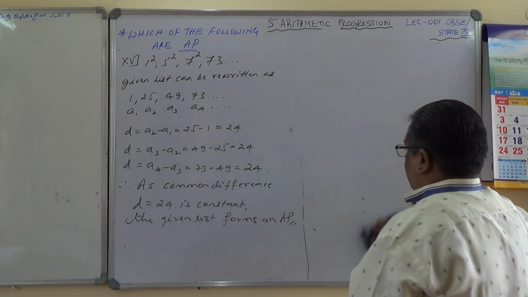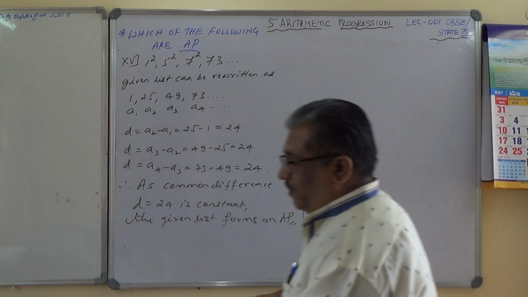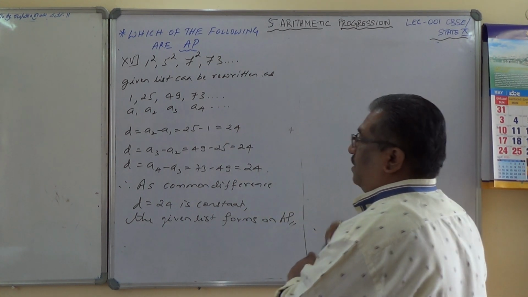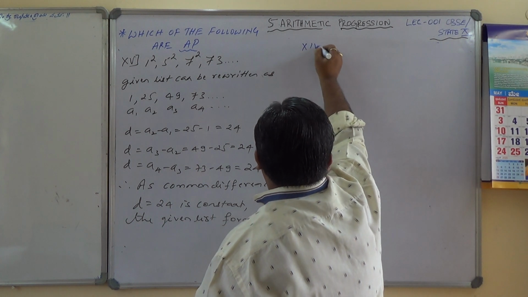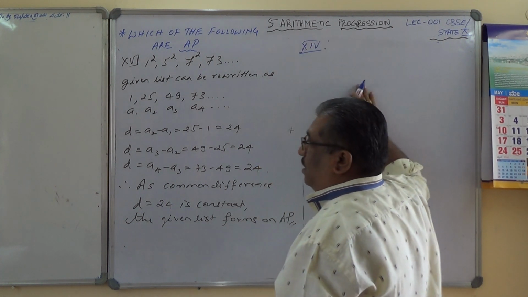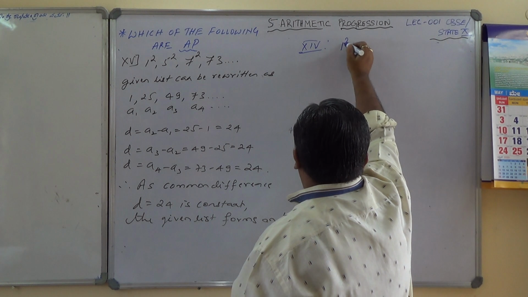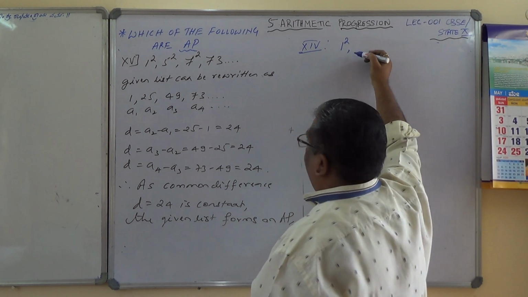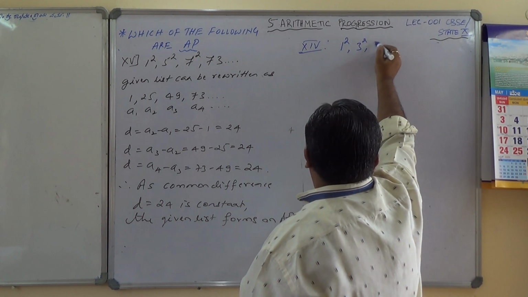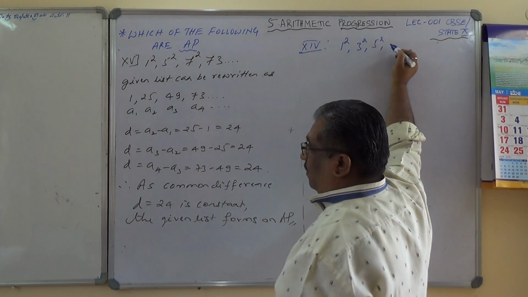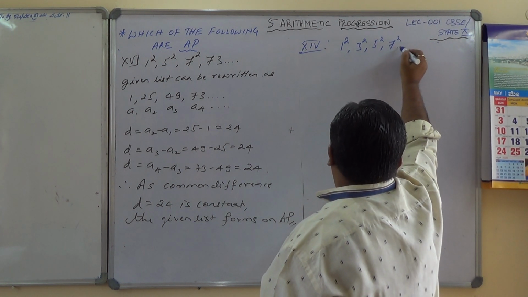I hope you have understood, and note it down. Let me take one more, the last one in this series, XIV. Here it is 1 square, 3 square, 5 square, 7 square, dot dot dot.